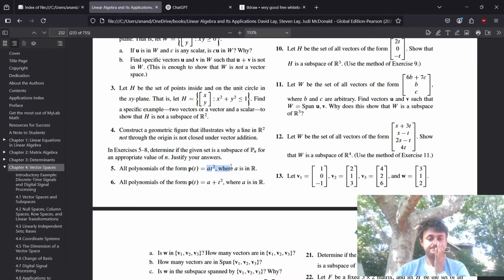Okay, number 6. P of t is equal to (a plus t) squared. So 0 is in it. Wait, no, 0 is not in it.